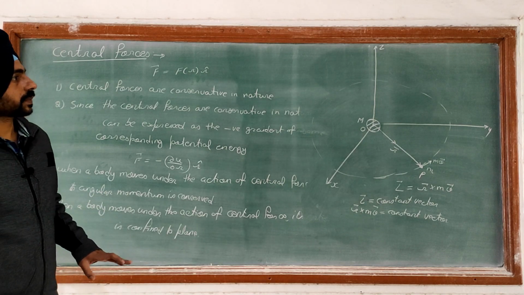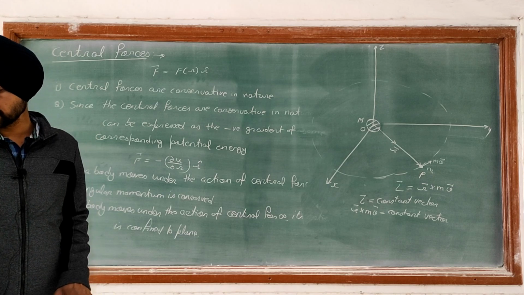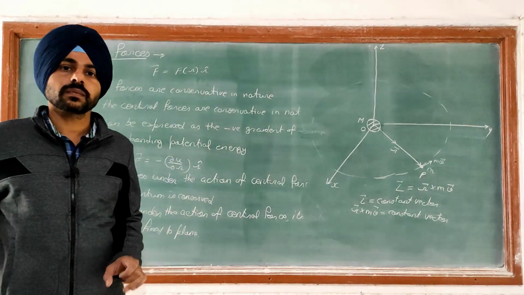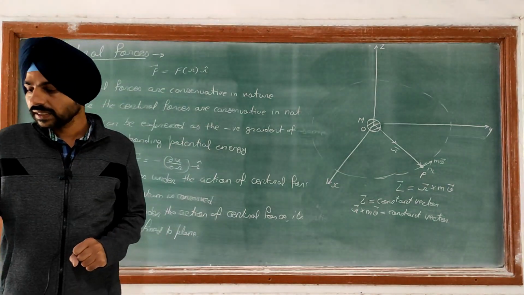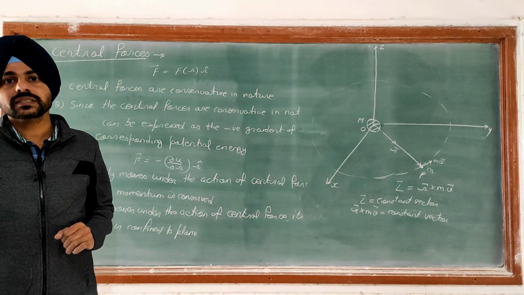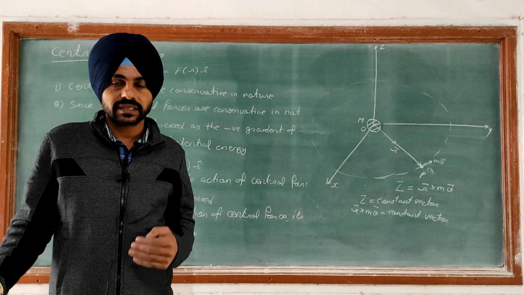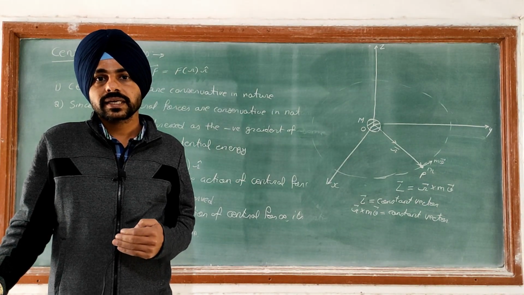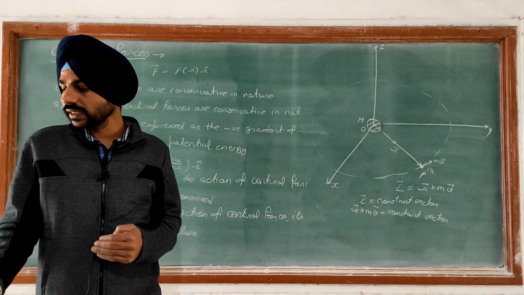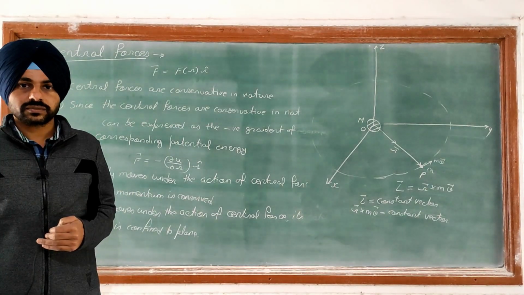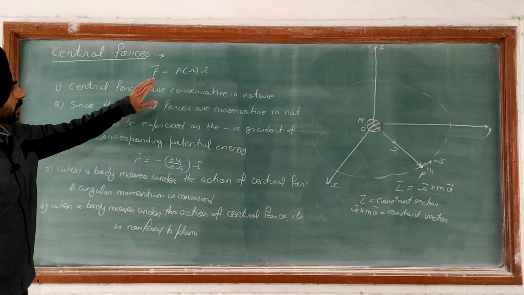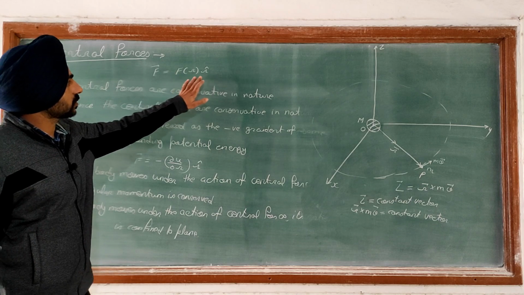Now again I am repeating the definition of this central force. A force acting on a body is said to be central if its magnitude is a function of the distance of the particle from the center of force and it acts along the line joining the particle to the center of force. That means vector F is F(r) into r cap.